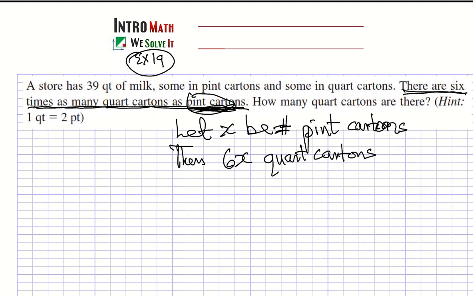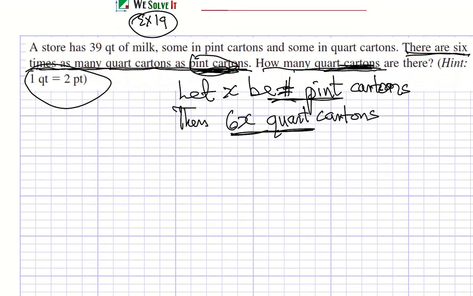And then they gave you that condition, 1 quart equals 2 pints. That is in quart, and that is in pint. So what is that condition? They say one quart is equal to 2 pints.